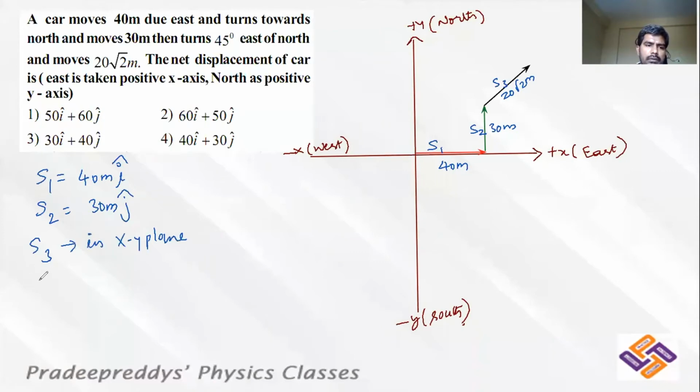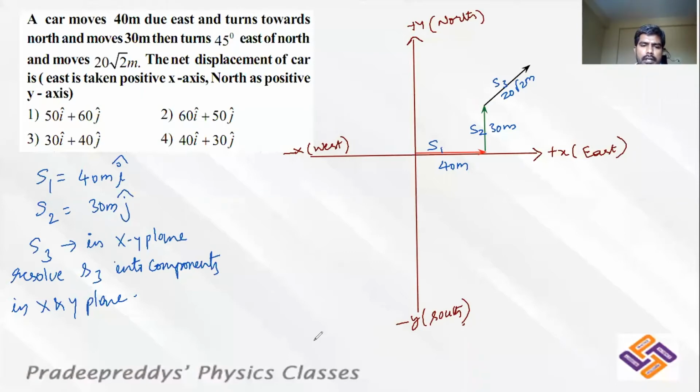Resolve S3 into components in X and Y directions. So I need to resolve this vector into components. If I resolve that vector into components, you will get components this way.